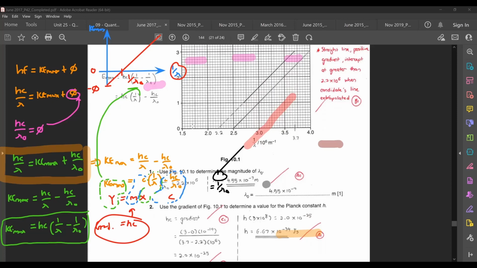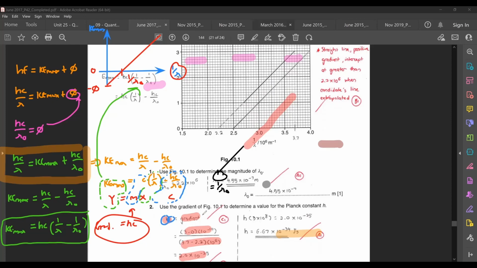In your case, you can just write hc is equal to gradient. So pick any 2 points on your graph, find the value of the gradient, and after that you sub in the value of your speed of light to find out your h.